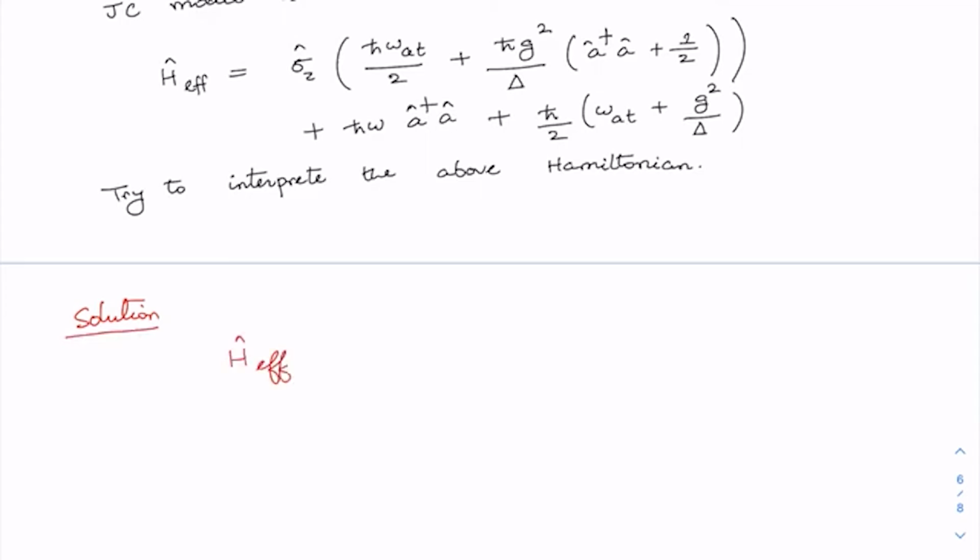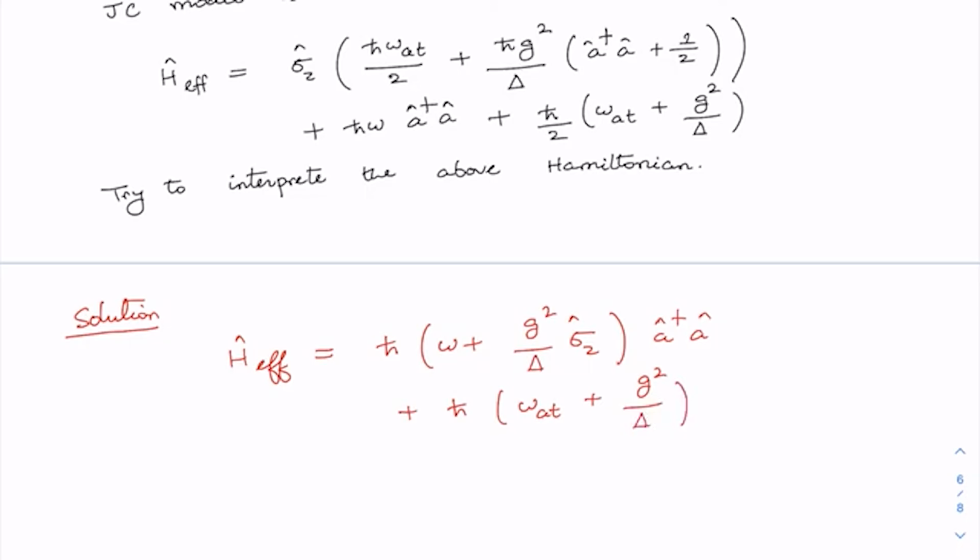There we wrote down the effective Hamiltonian in this form: h cross (omega plus z square by delta sigma z) a dagger a plus h cross (omega atom plus z square by delta sigma z) plus 1 by 2.